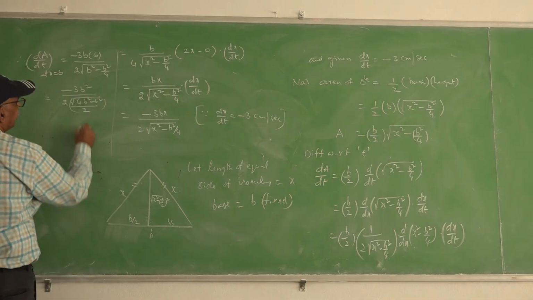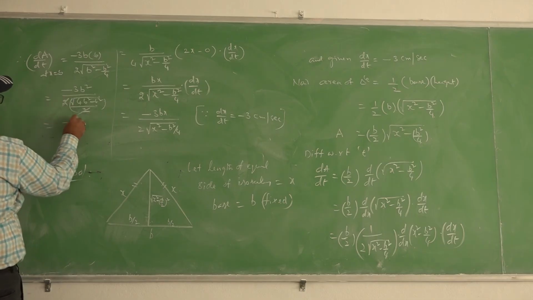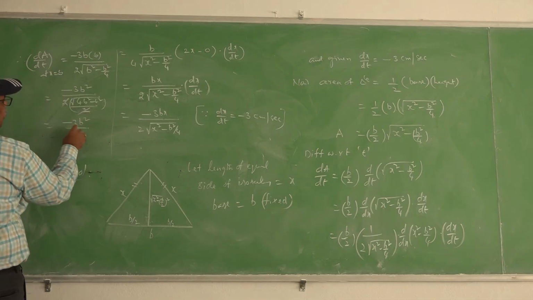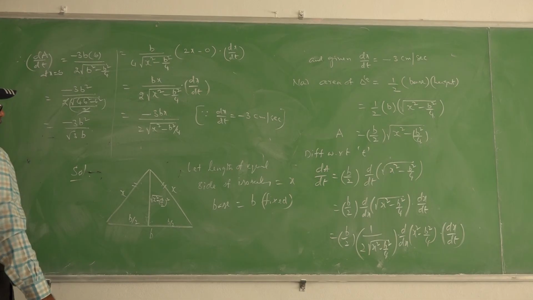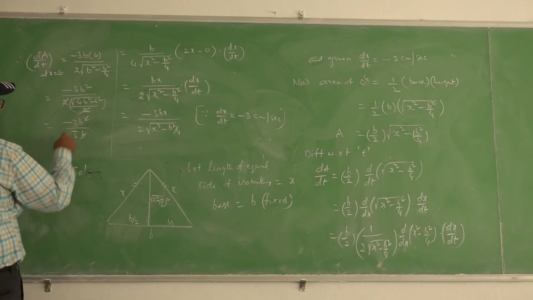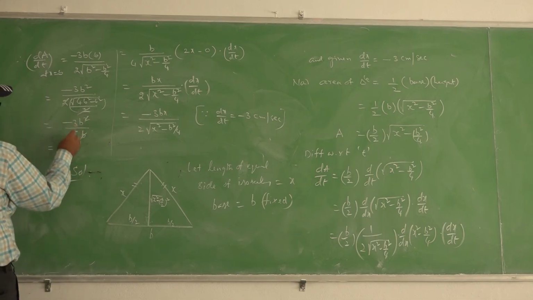Root 4 gives us 2, 2 cancel, minus 3b square by root 3b, 1b cancel. So, root 3 times.